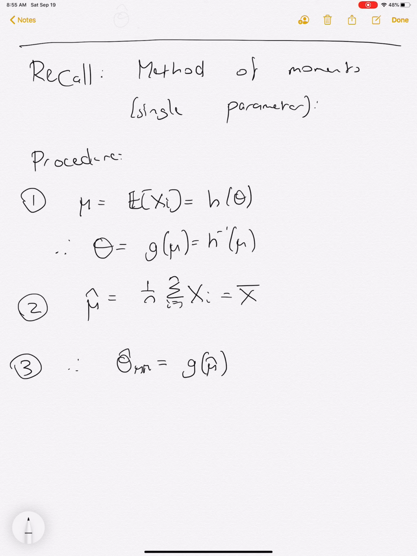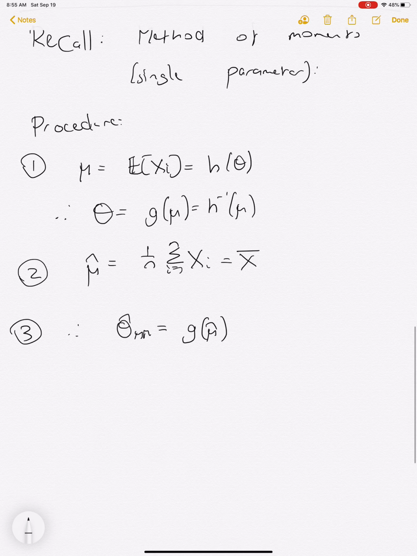So we use those statistics to then calculate estimators. The procedure has 3 basic steps. Firstly, we work in the population domain. Step 1 involves no data, it's just in the population domain, and steps 2 and 3 involve the sample data.